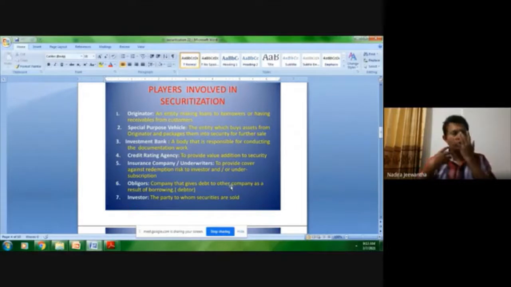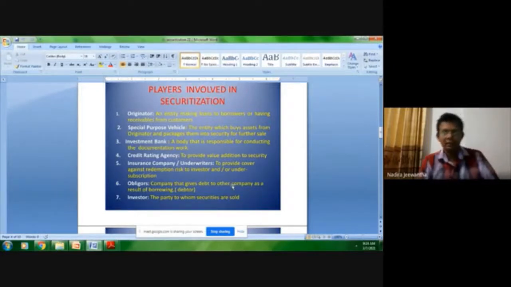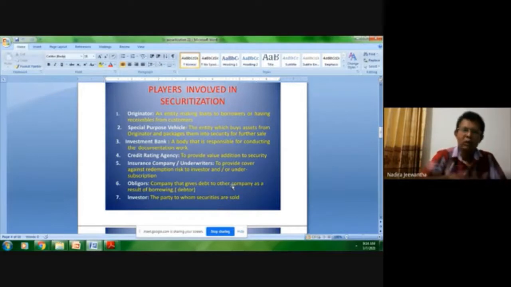Now, when you prepare a securitization paper, you transfer this. The leasing company has to transfer this CR to a particular virtual company. We call it an SPV, special purpose vehicle. The new investors will invest in that particular paper, where a new company or a virtual company is formed.